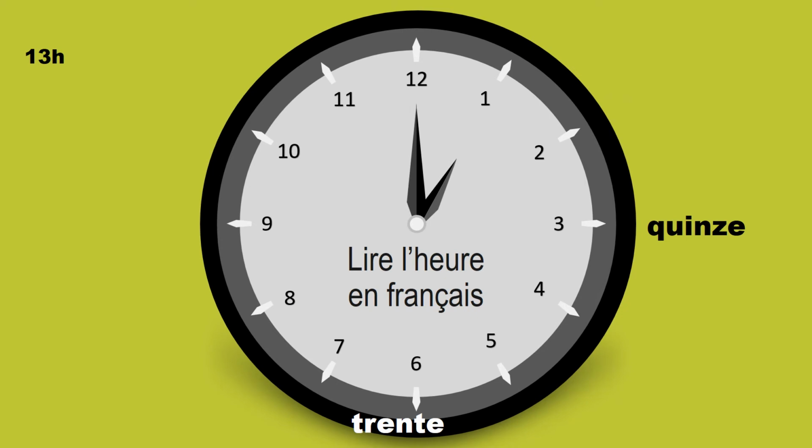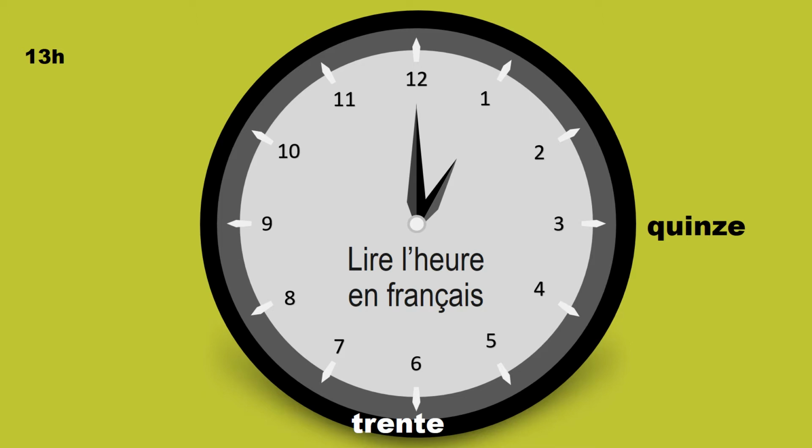So the time using the 24-hour clock is il est 13 heures. Now, if you remember from last week, we had 5 past, 10 past, and quarter past. Now, what I'm showing you is that it's no longer quarter past, but it's 15.